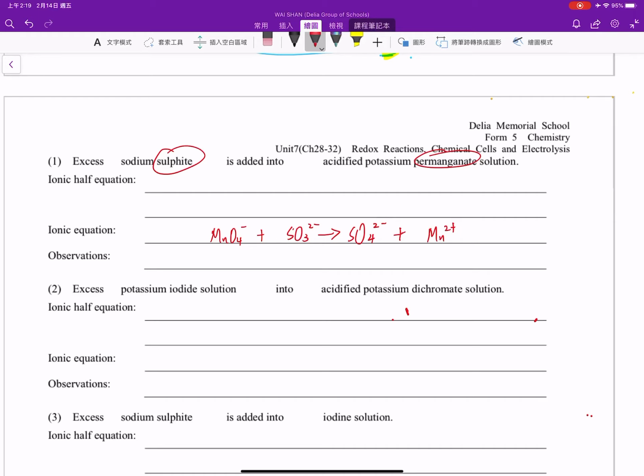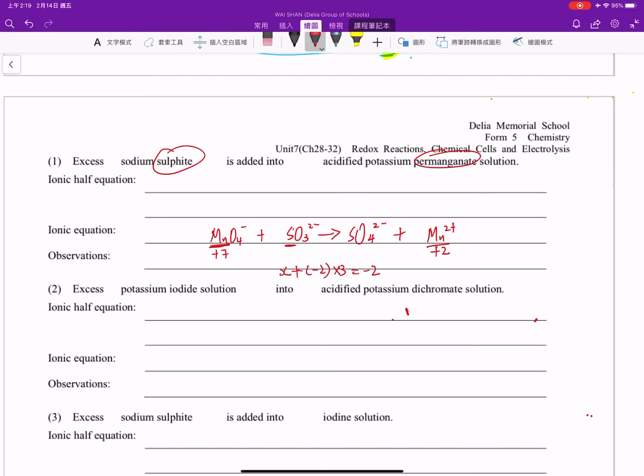Okay, so the oxidation number here of manganese is +7, here is +2, and for sulfur you have to calculate it. Let the oxidation number of sulfur be X, plus each oxygen is -2. Now there are 3 oxygen, and the charge for the sulfite ion is -2.